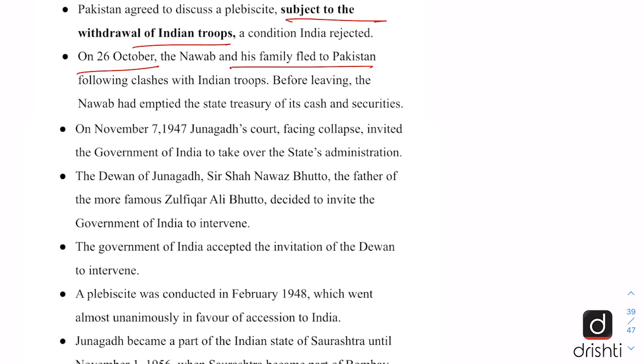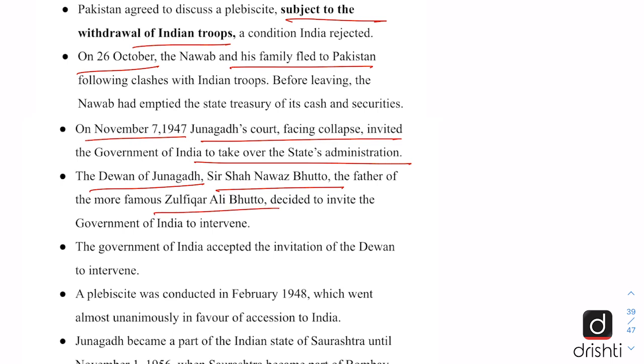And on November 7, 1947, Junagadh's court, which was facing collapse, invited the government of India to take over the state's administration. And here we should note that the Diwan of Junagadh at that time was Sir Shah Nawaz Bhutto, father of the more famous Zulfikar Ali Bhutto, who became Prime Minister of Pakistan.